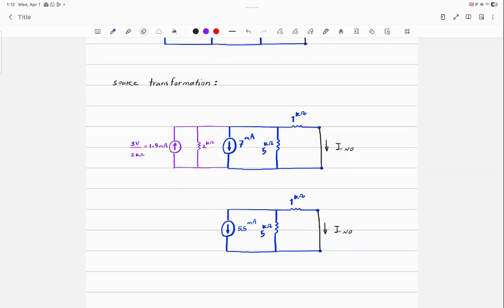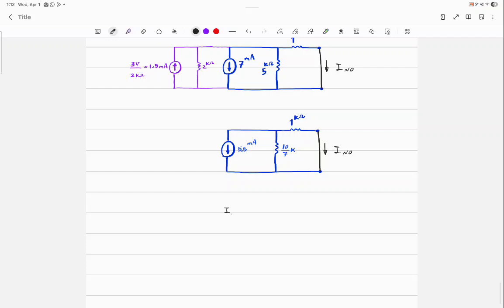So what is the parallel of 2 and 5? 10 over 7. What is INO? 10/7 divided by 17. Right? Anything wrong with this?